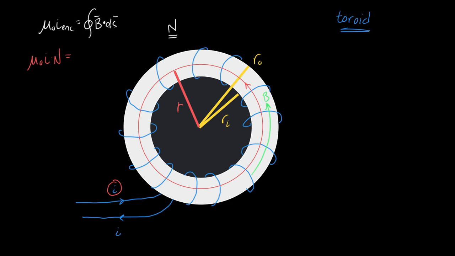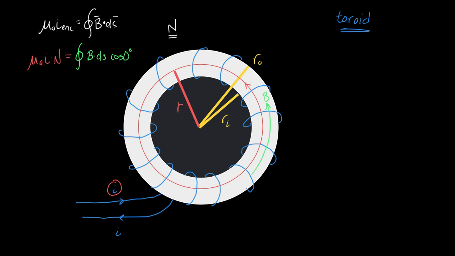You're using Ampere's law really for the first time today, so the first thing I'm going to suggest is that we say, all right, B times ds times the cosine of 0 degrees. We will go around our Amperian loop in the same direction as the magnetic field. So now our next job is to find a way to sum up the contribution of the magnetic field in the direction of our loop.